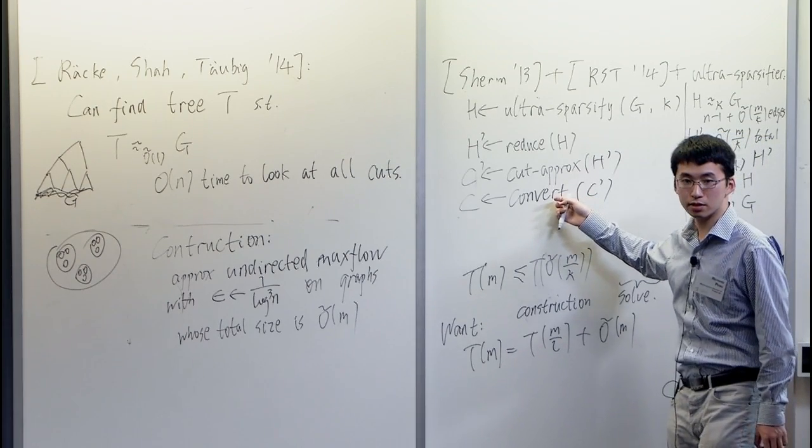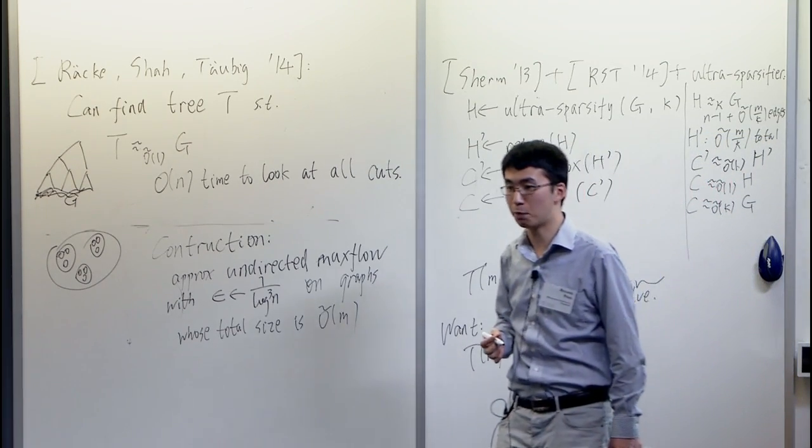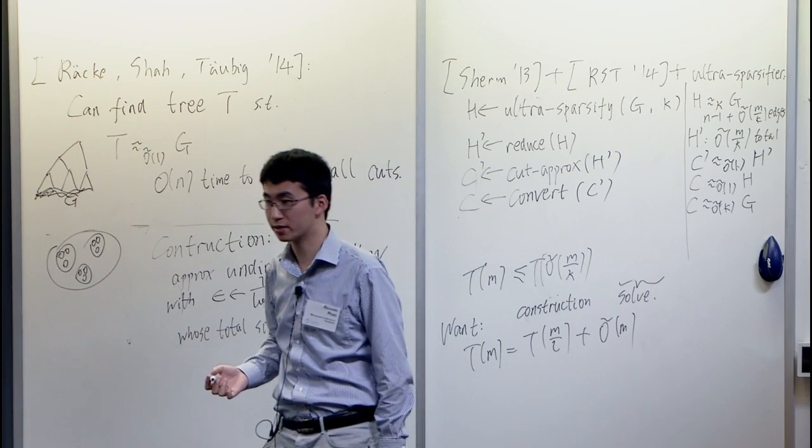So now I have a kappa polylog n approximator for G.